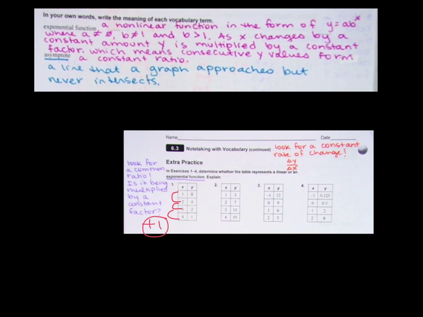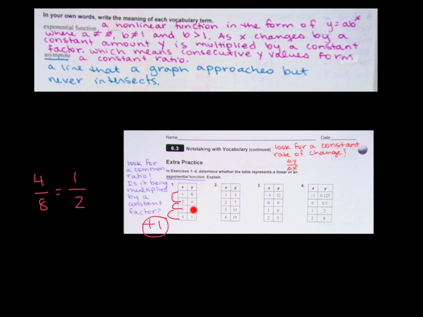So I know that there's not a constant rate of change. I can see that it's not going up or down by the same amount as far as addition or subtraction is concerned. So I'm looking for that constant ratio. So you can write your consecutive y values as a ratio to find that value. So notice that if you take 4 and you put it over 8, 4 over 8 is a half.